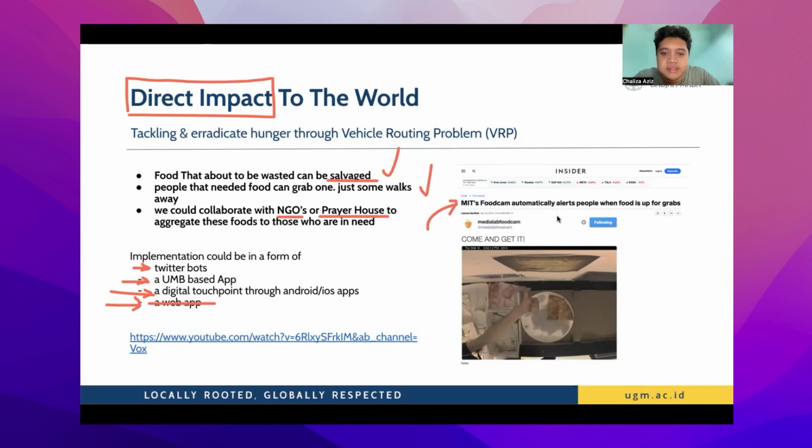This building has around seven levels, and people that have extra food on the first floor can notify people on the second floor, third floor, fourth floor, and so on, saying, hey, there's food on this floor, come and pick it up.